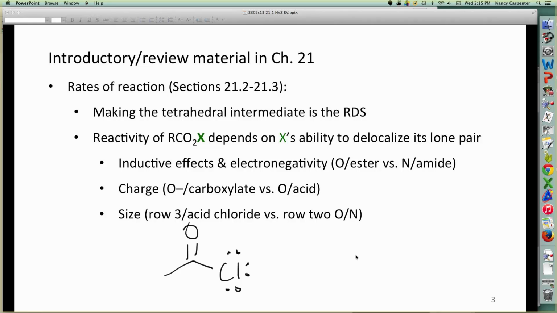That overlap that we like to show with resonance delocalization, it really doesn't overlap as well. The orbitals just don't match up well. So inductive effects, electronegativity, charge, size, this is all stuff that we have used over and over again in OChem to understand acid-base chemistry, nucleophilicity, electrophilicity. So we're just doing it all over again.